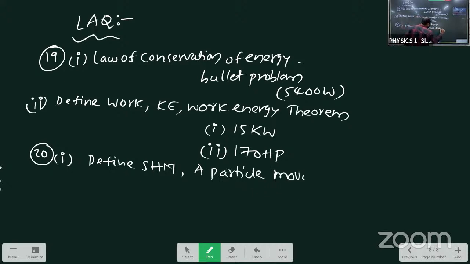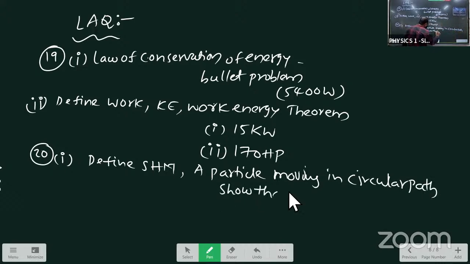Define SHM: a particle moving in a circular path so that its motion is SHM with respect to its diameter. I wrote the shortcut, students. Question number 1, define SHM.